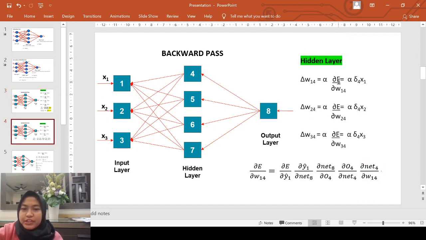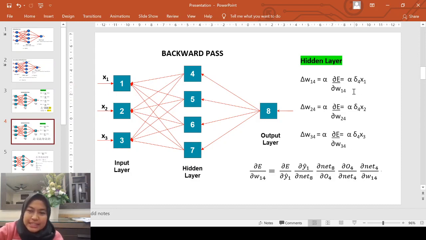And then we continue with the hidden layer. We want to find the updater for this layer. Delta W14 is equal to alpha times delta E over delta W14. We simplify that to alpha delta 4 times x1.